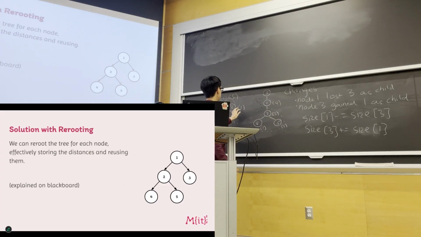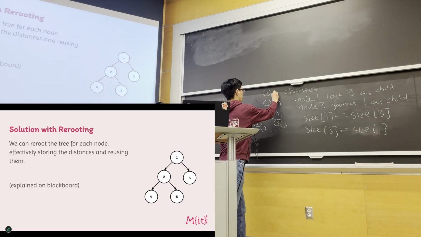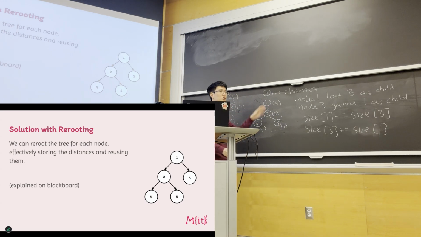Then we'll add 4 to node 3's subtree size, making this 5. And this is the correct subtree size since we're just performing these two operations in series. And it only took two computations, a subtraction and an addition, to completely update our subtree sizes when we reroot, instead of taking a full O of n.